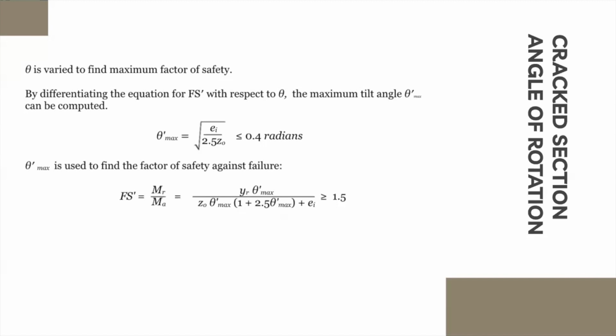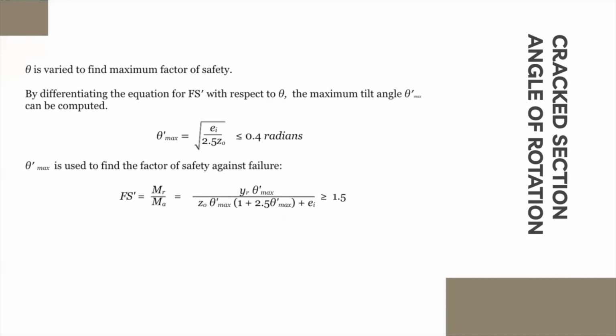The maximum tilt angle is what will be used to find the factor of safety against failure. That maximum tilt angle should be less than or equal to 0.4 radians. And the factor of safety against failure should be greater than or equal to 1.5.